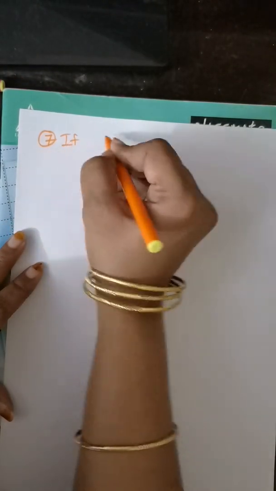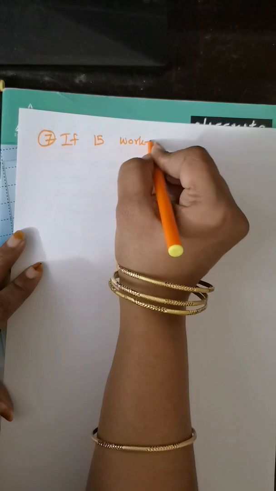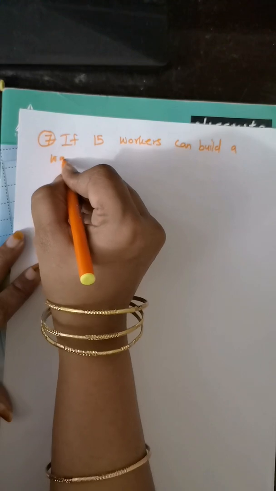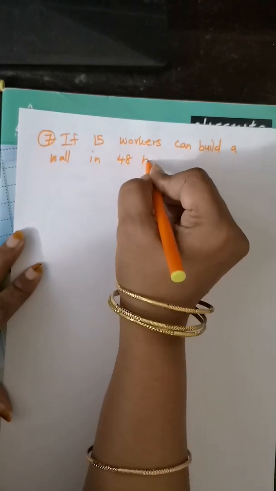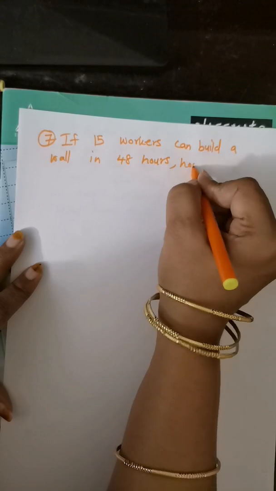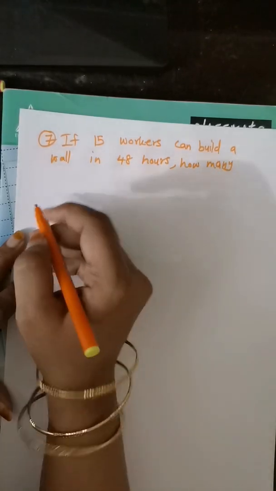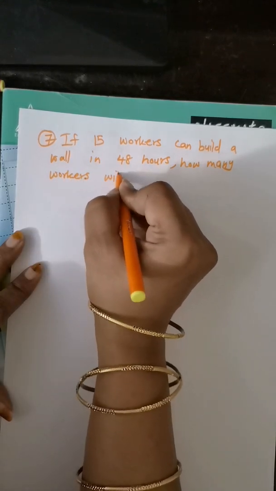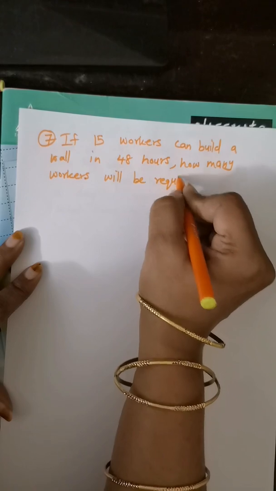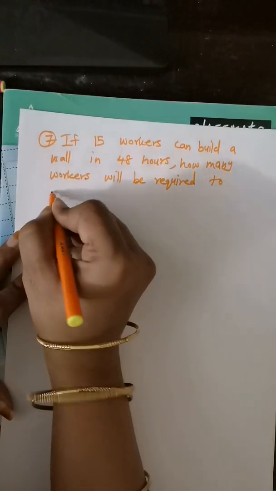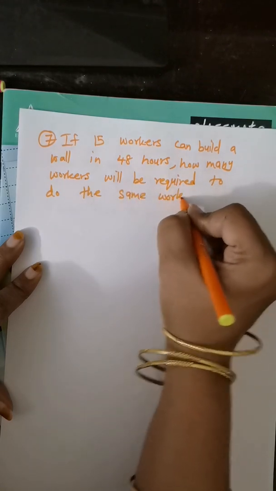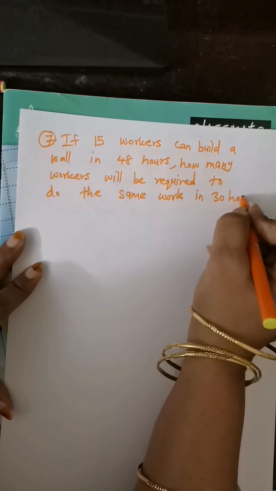Seventh one. If 15 workers can build a wall in 48 hours, how many workers will be required to do the same work in 30 hours?